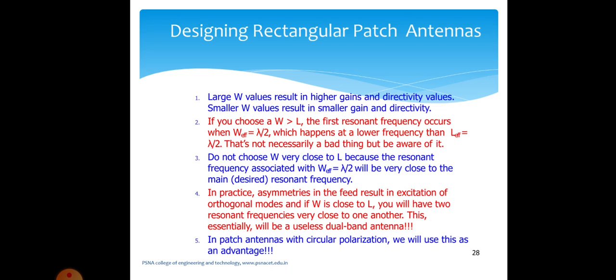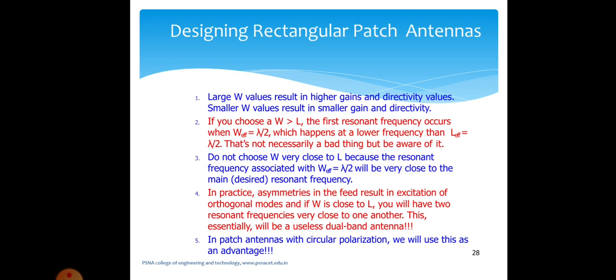You should not choose W very close to L, because the resonant frequency associated with the orthogonal mode will be very close to the main resonant frequency. In practice, asymmetries in the feed result in excitation of the orthogonal modes, and if W is close to L, you will have resonant frequencies very close to one another. This essentially will be useless for a dual band antenna.